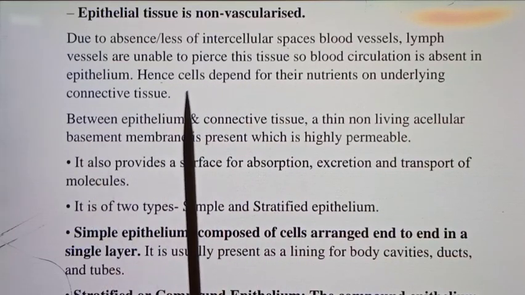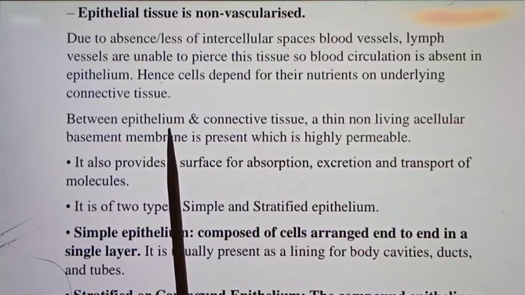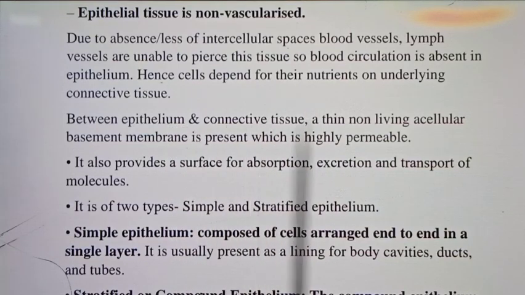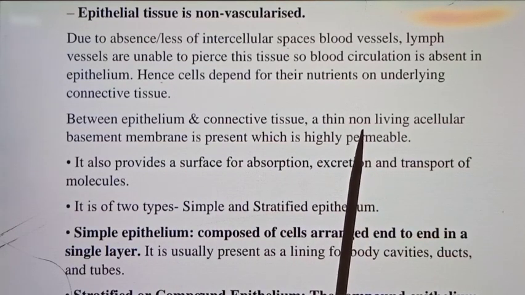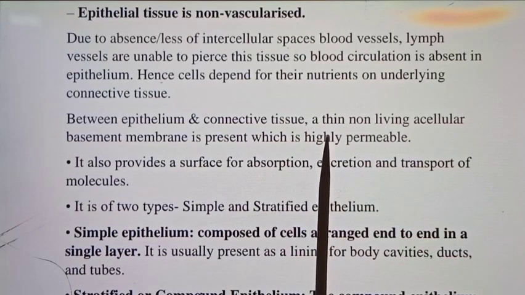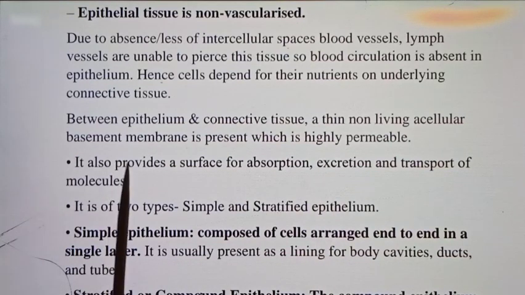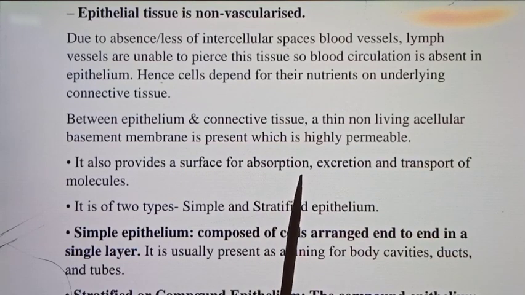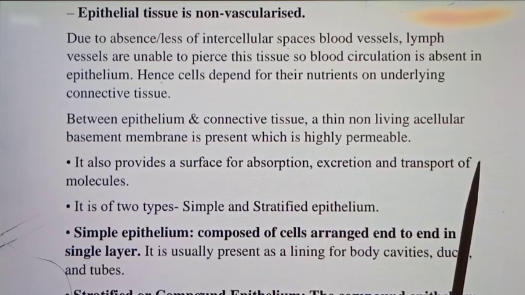But there is a basement membrane which is highly permeable to nutrients and gases, which provides the required nutrients and gases such as oxygen for respiration. It also provides a surface area for absorption, excretion and transportation of molecules.